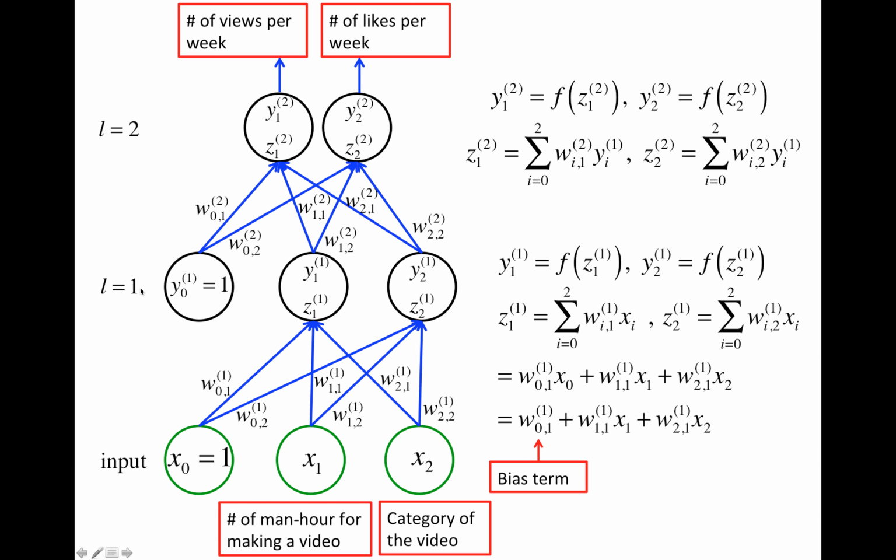Layer 1, this layer, is called a hidden layer. The reason it's called a hidden layer is because this layer is not exposed to the user of this particular neural network. The user is only exposed to this particular interface, the input layer. They can only put data into the neural network. That's the interface with the user.